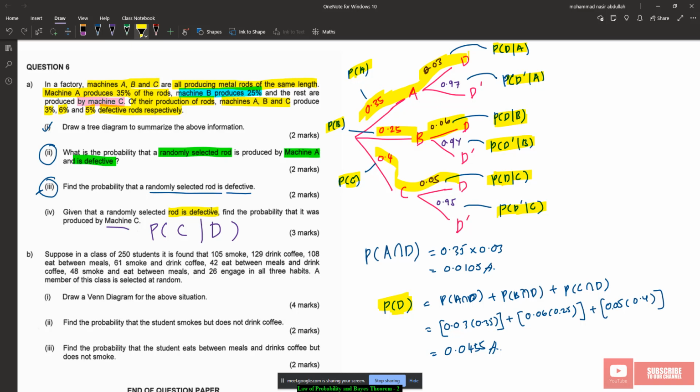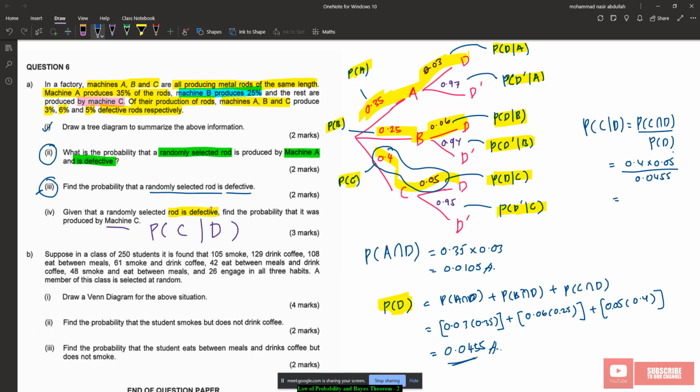And then you already calculated probability D. So now, to find probability of C given D, it should be equal to probability of C intersect D divided by probability D. So probability of C intersect D should be here, 0.4 multiplied with 0.05, divided by probability D, which is here, 0.0455.